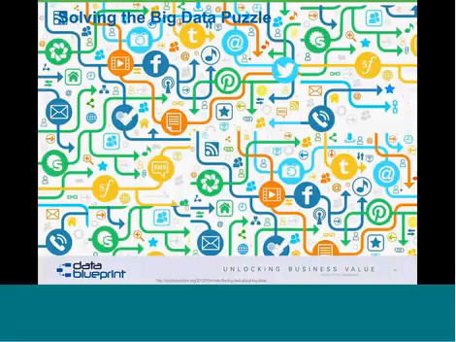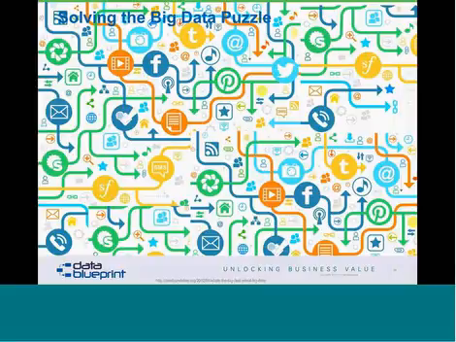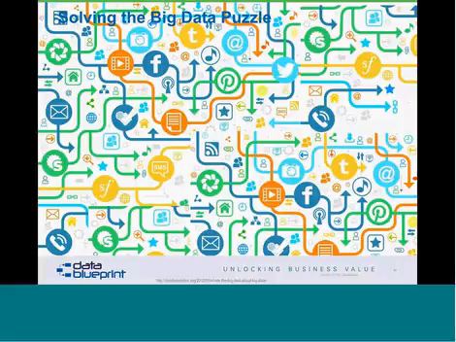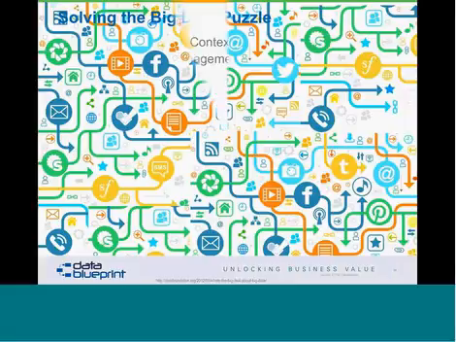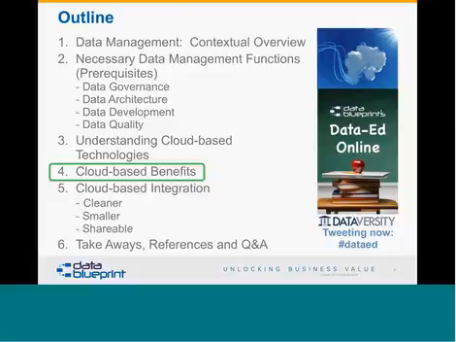Now that process can be entirely inverted, and we can take the processing and bring it to the data. Very, very exciting possibilities in terms of what can go into this. And when you add the cloud environment to it, it adds another layer of both complexity, but advantages, benefits that we can see. Let's look at some of those benefits as we go around here and see what happens.